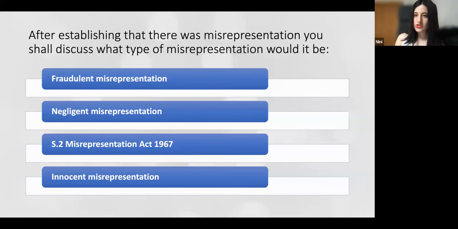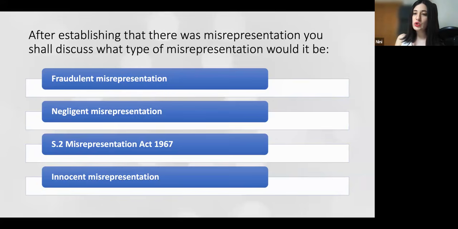The difference between the two is that the statutory misrepresentation is easier to prove, whereas the common law negligent misrepresentation requires proof of this special relationship principle established in the case of Hedley Byrne. And there are not many reported cases that successfully established special relationship under the Hedley Byrne principle. So the most relevant here would be either fraudulent misrepresentation or the statutory one, Section 2 Misrepresentation Act 1967.